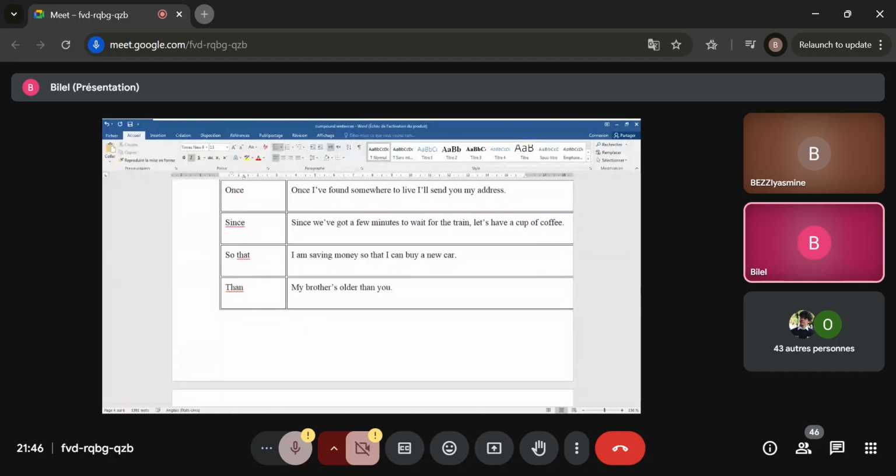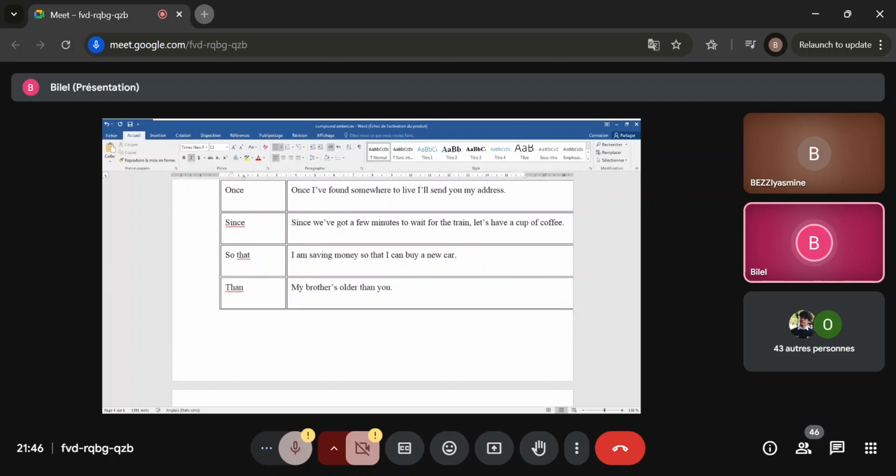So since or as we have got a few minutes to wait for the train, we need something to come after the sentence. The meaning of this sentence is we have time, we have got a few minutes to wait for the train.